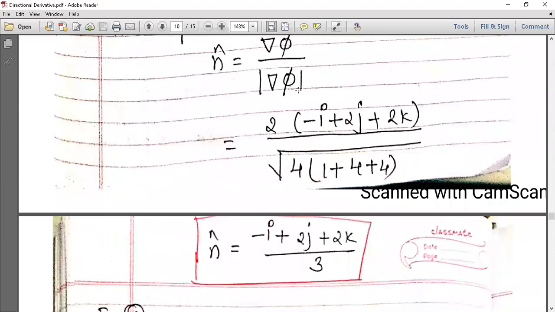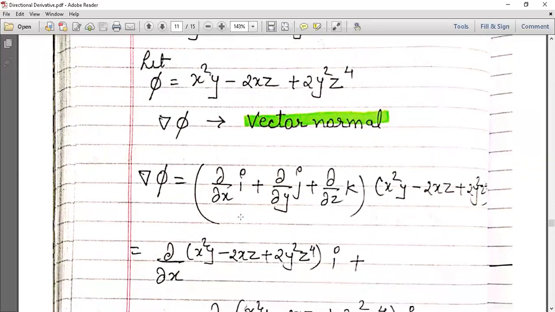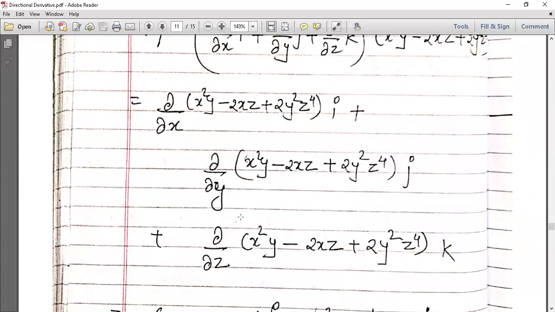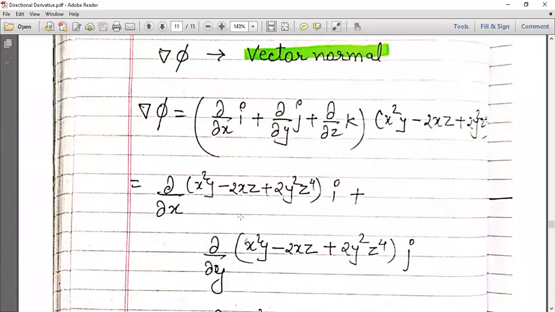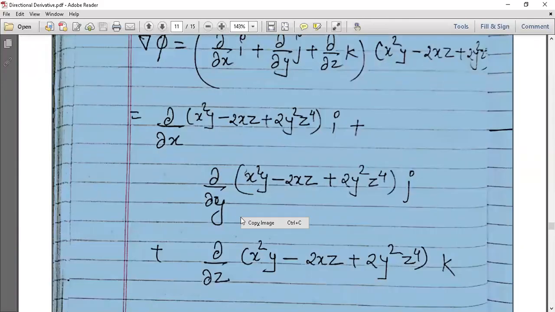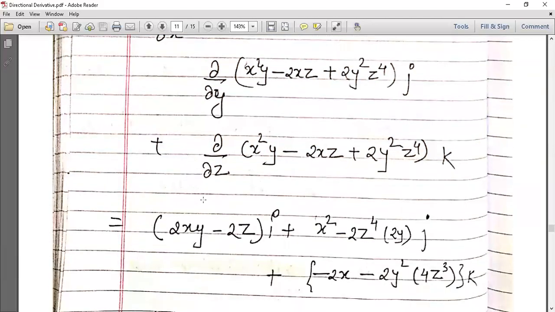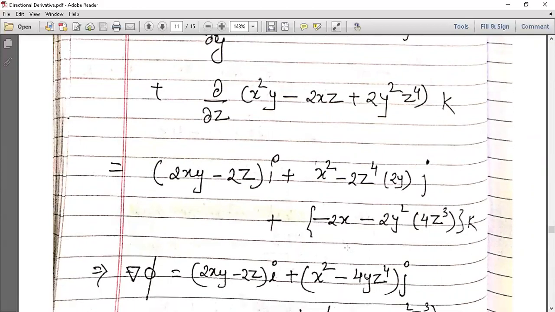Here we have one more example: x square y minus 2z plus 2y square z equal to 10 at this point. In the same way we first find the vector normal, grad phi, by differentiating, and then evaluate at the given point. Differentiating, we get this vector with i, j and k.